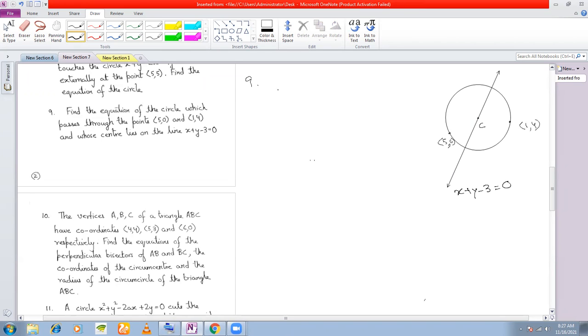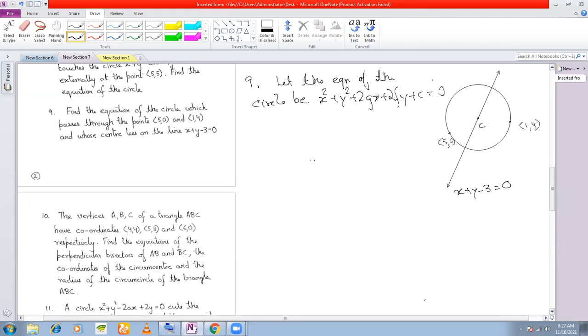I start by saying let the equation of the circle be x square plus y square plus 2gx plus 2fy plus c is equal to 0, because 2 points are given on the circle.